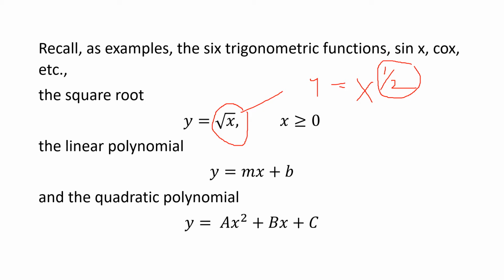But we consider this a function if and only if we satisfy this condition, that x is greater than or equal to 0. Why is that? It is important because in every function, in every number that we put as a value of x, there should be a value of y.